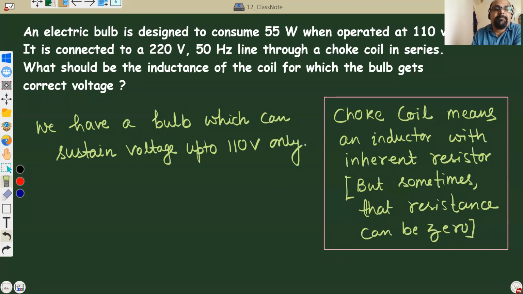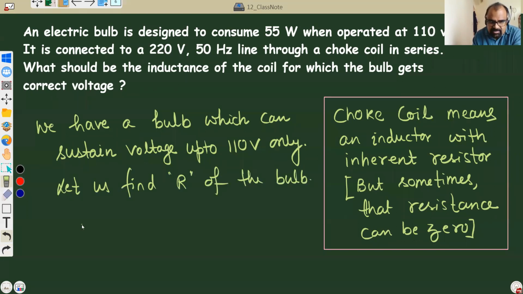How do we know? Because an electric bulb is designed to consume this much power when operated at 110 volt. That means this bulb has to be operated at only 110 volt, maybe lesser than this, but not greater than this. If you operate this bulb at a higher voltage, more power than this will be generated and the bulb will get fused. So what is the resistance of this bulb? Let us find the resistance of the bulb.